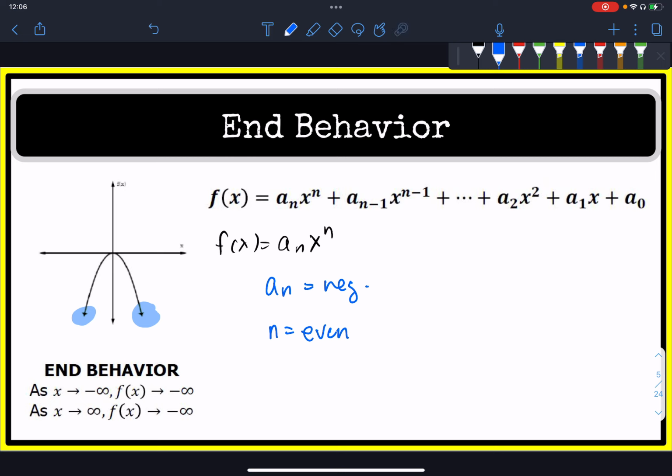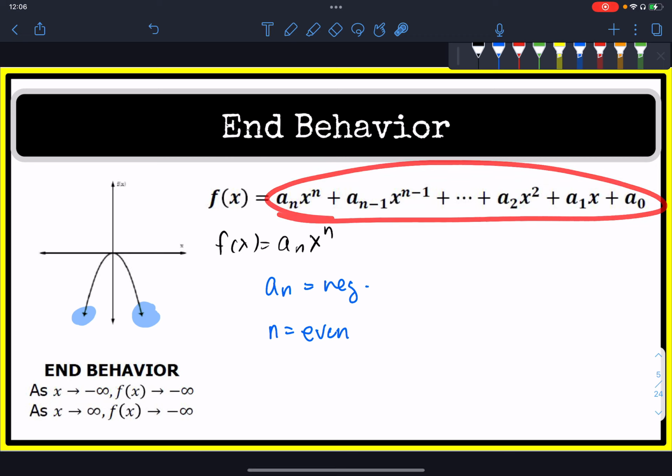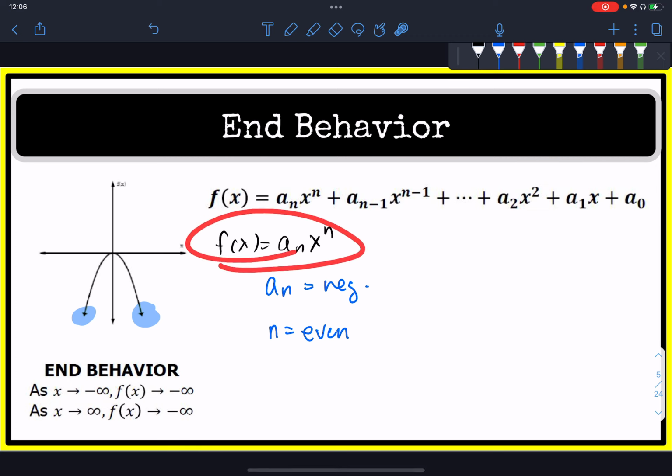Now, of course, because of all of these extra terms right here, the graph is going to curve several times up and down, and the middle part is obviously not going to intersect at 0, 0, and it's going to intersect at different places on x, but the overall end behavior is still going to behave exactly the same. So this function here will end up behaving like this power function, where our x coefficient is negative and our exponent on x is an even number.